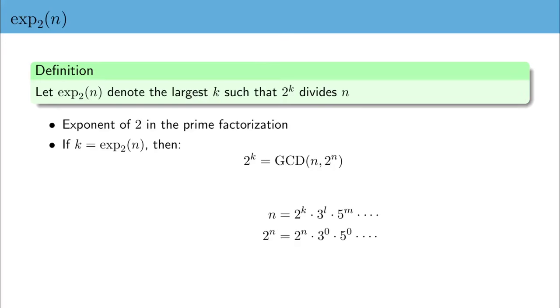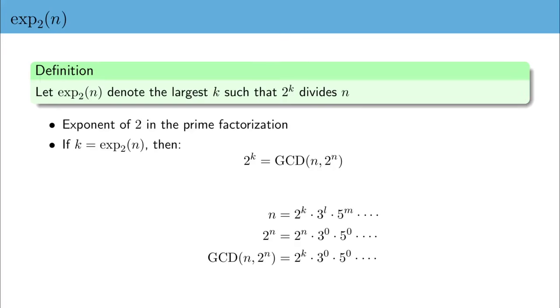And then when we take the GCD, it just takes the minimum of the exponents appearing in the prime factorization. So the exponent of 2 is going to be k, since k is the minimum of k and n. The exponent of 3 is going to be the minimum of L and 0. The exponent of 5 is going to be the minimum of m and 0, and so on and so forth. And so the GCD of n and 2 to the n is just 2 to the k, 2 to the exp sub 2 of n.